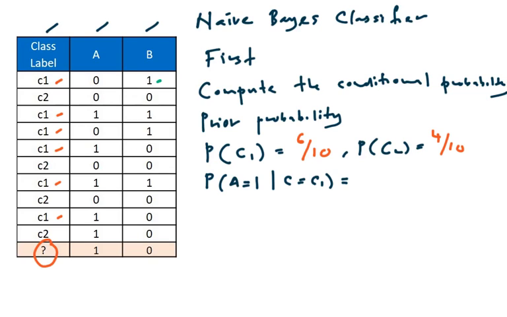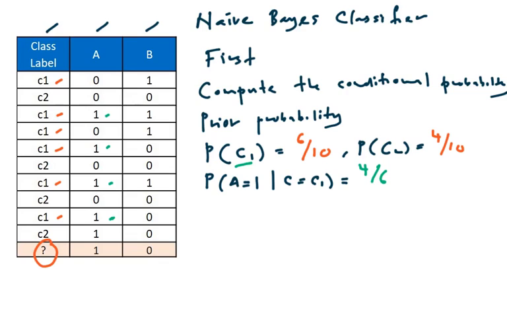When A equals 1, C1, when A equals 1, C1, and so on. Do we have 1, 2, 3 and also 4? It's going to be 4. So 4 over the number of C1s, which is 4 over 6.